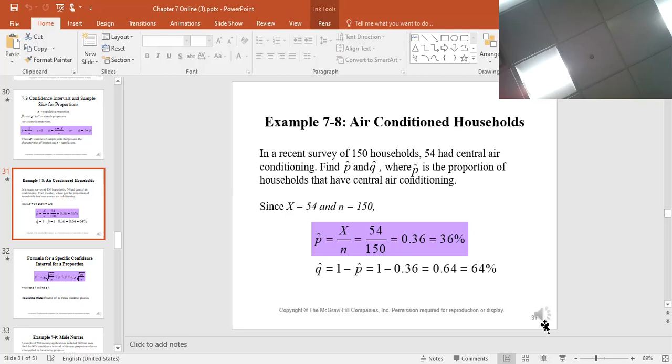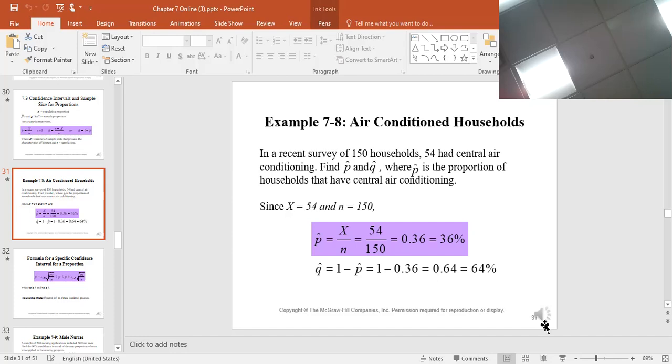And we all find P hat, 54 out of 150. P hat is X over N. So I just want to make sure that if you have a problem involving proportion, you should be able to find the sample proportion.